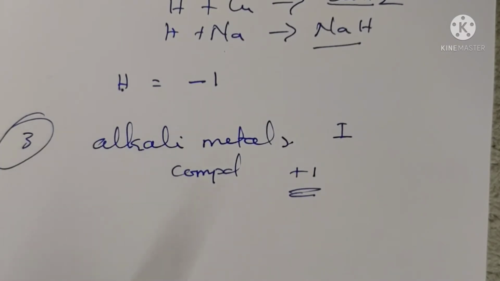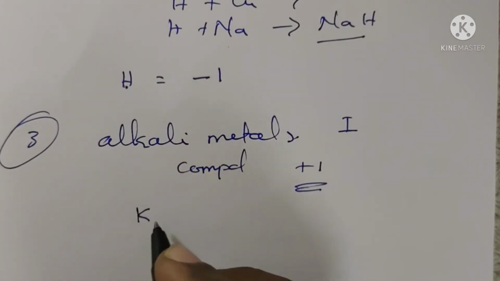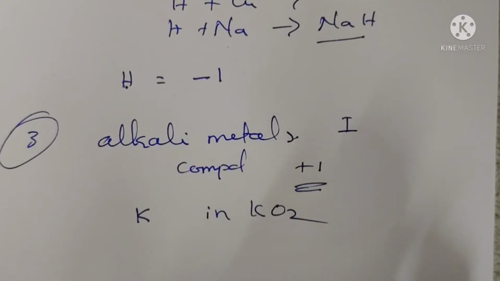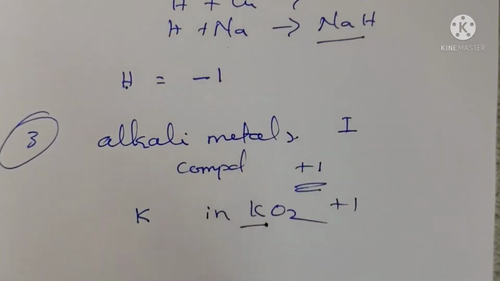Group 1 elements means lithium, sodium, potassium, rubidium, cesium, francium. For all these elements, the oxidation state in the combined state is +1. So what is the oxidation state of potassium in KO2? Without any calculation, we can say the oxidation state of potassium is +1.